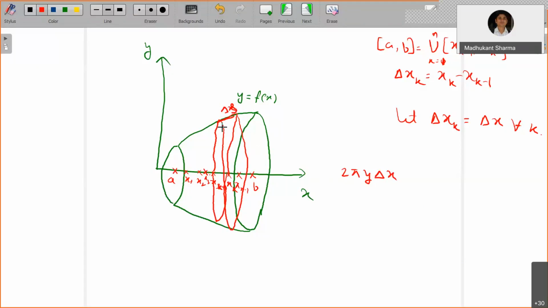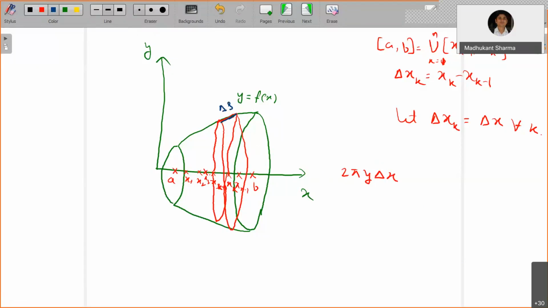How will you obtain delta s? Because this is delta x and this is delta y. So let me color it: this is some delta s.